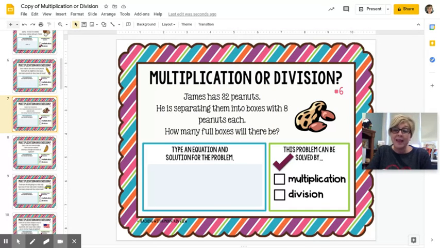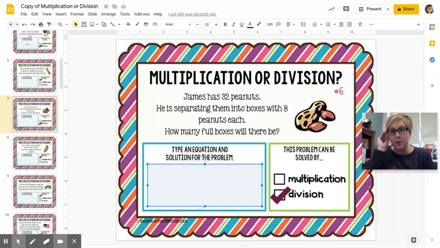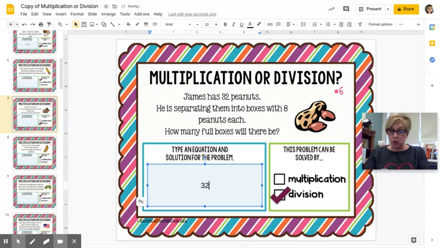All right, if you said that this is a division problem, you are right. If you said that the clue word is separating or separate, that's exactly right. When we talk about our equation or number model, how many peanuts did James have? He had 32. That was our large group that we're dividing out or separating.